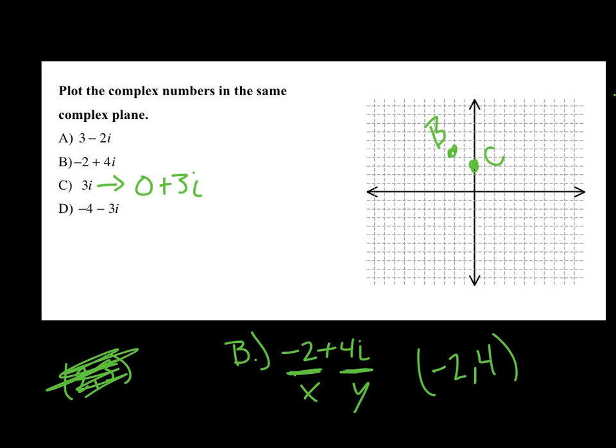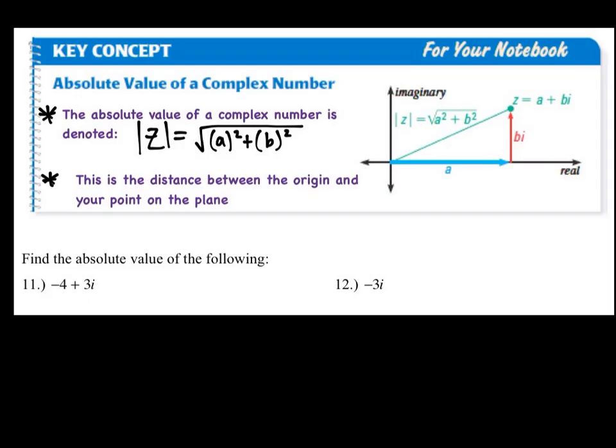Okay, so the absolute value of a complex number. We said when we were talking about absolute value just with regular values back in Unit 0, that the absolute value is the distance of something, and it's always positive.